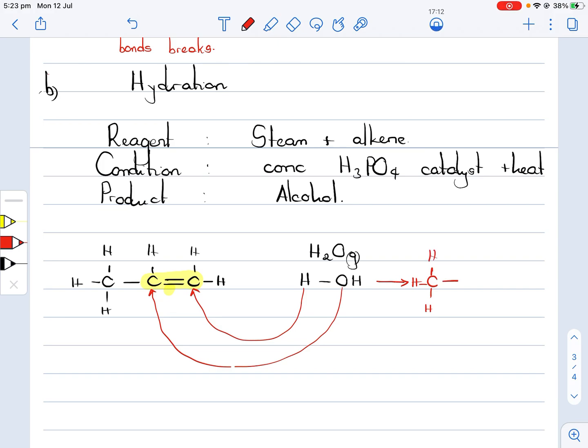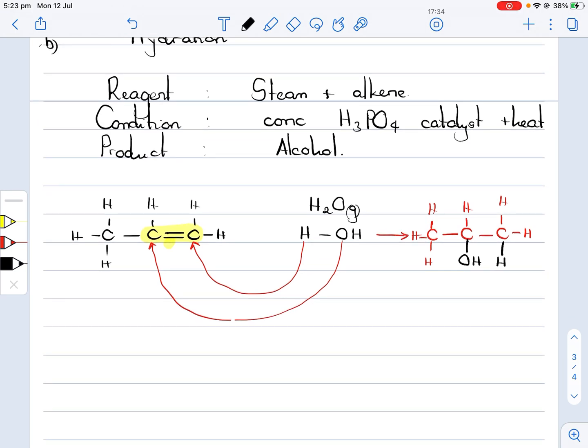Everywhere else remains the same. The difference is only on the 2 carbons that were sharing the double bond. One has received an OH, and the oxygen will be bonded to the carbon. The other received a hydrogen. That is one possible product that can be formed. This is an alcohol. We'll learn about naming them under alcohols, but for now, this is called propan-2-ol.